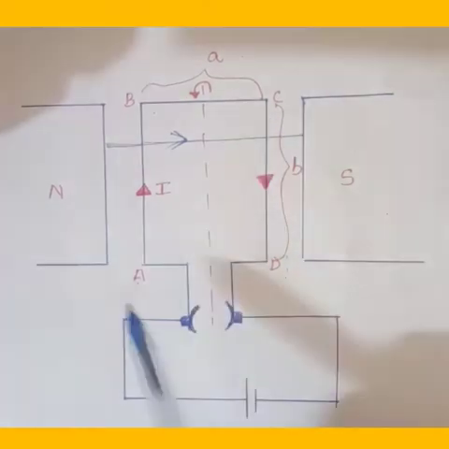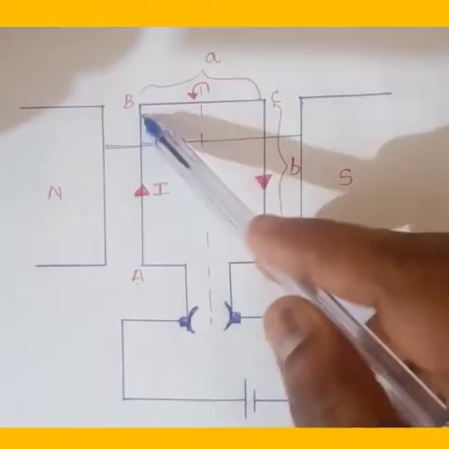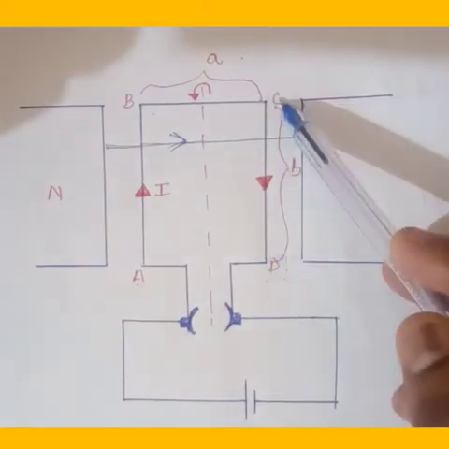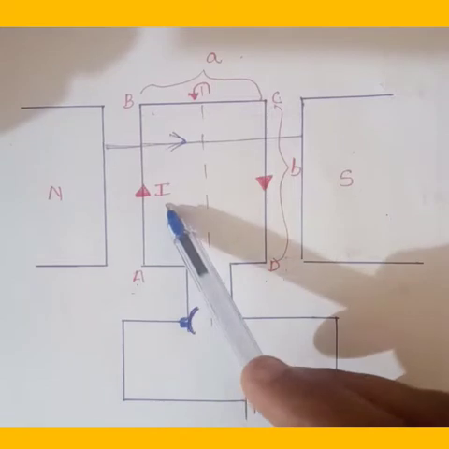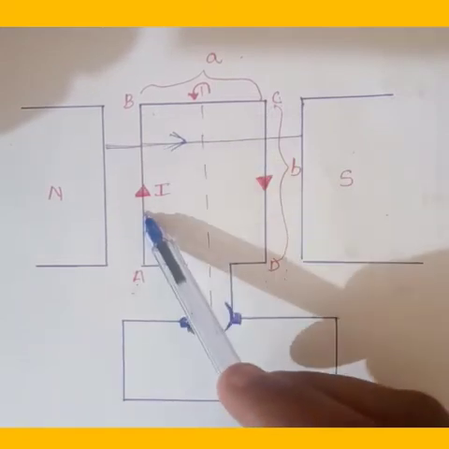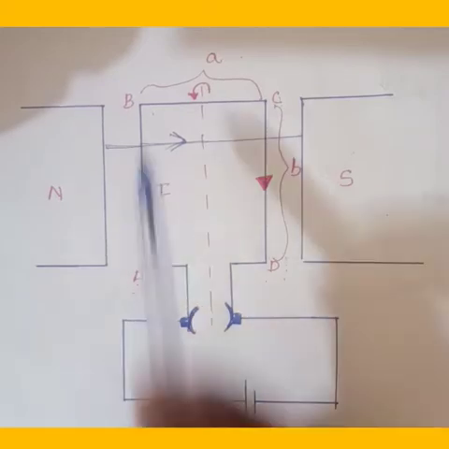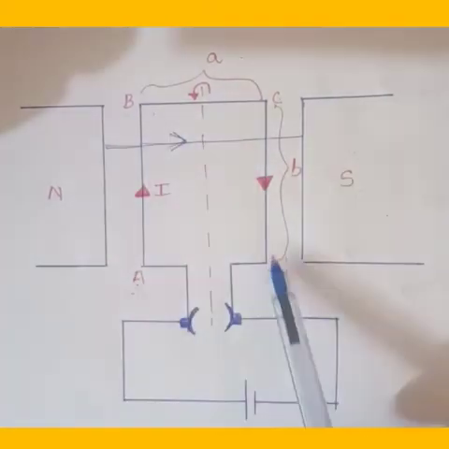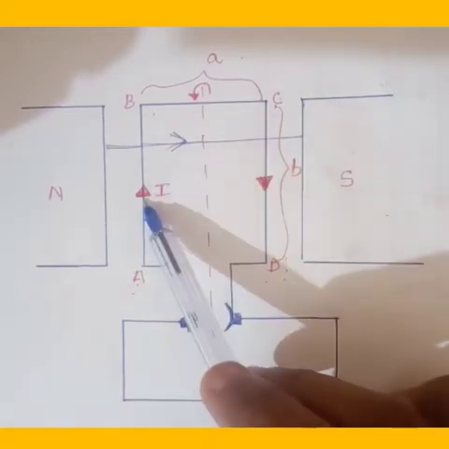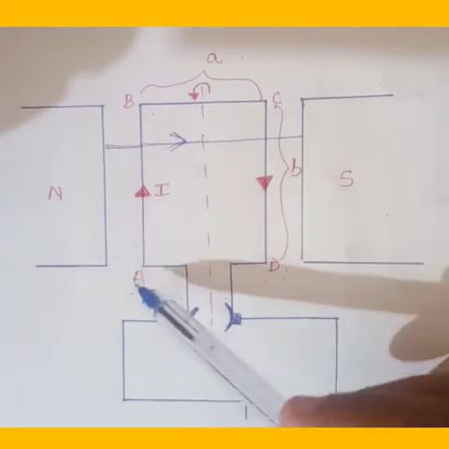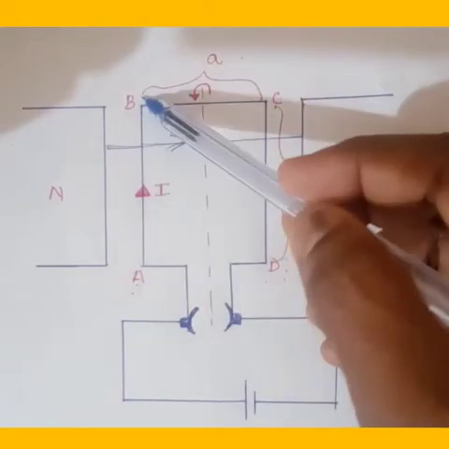Now see the arms AB and DC. In AB and DC, the direction of the magnetic field and the currents are perpendicular to each other. First consider the arm AB.